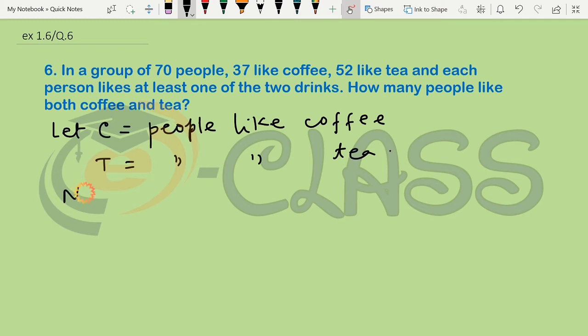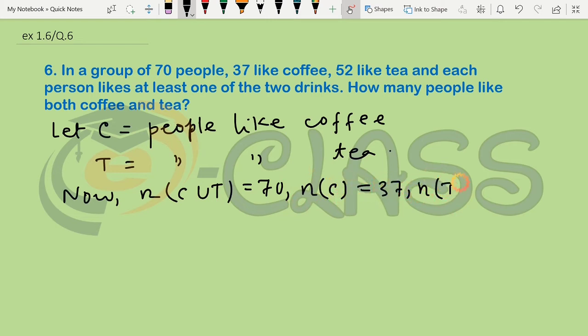Now n of C union T equals 70, n of C equals 37, n of T equals 52. So we have to find the intersection.